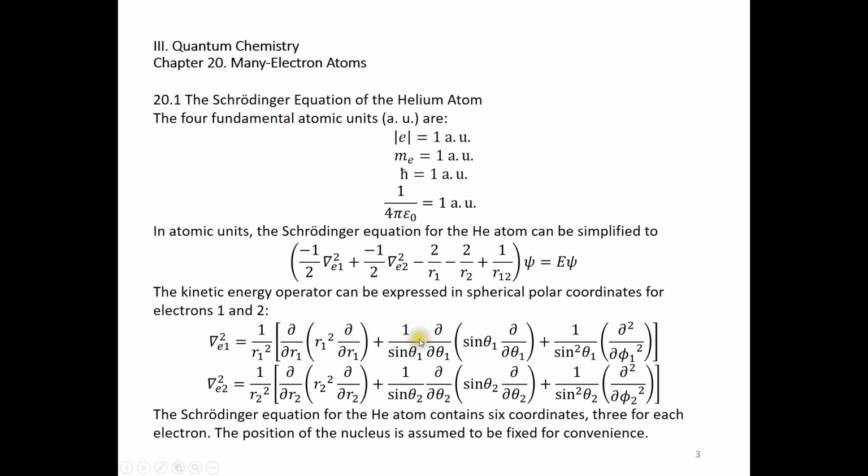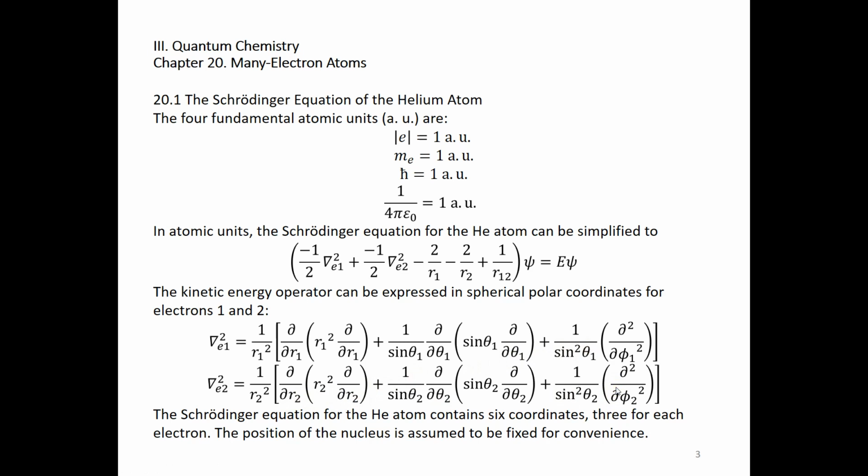Second term, 1 over sine theta delta over delta theta, and then sine theta times delta over delta theta. The third term, 1 over sine theta squared, and then delta squared over delta phi squared. The derivation of this Laplacian in spherical polar coordinates can be found in Appendix P. It's very tedious. But now let's just assume we can simply use this for electron 1, and we use this for electron 2.